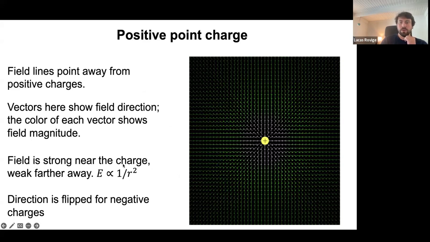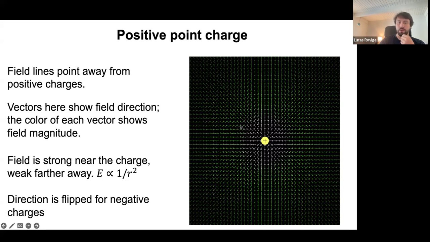Okay, so let's see how it looks for simple cases. Let's consider the electric field of a single positive point charge, so plus here. In green, we have the local value of the electric field. The arrow direction is the direction of the electric field, and the color scale corresponds to the amplitude.